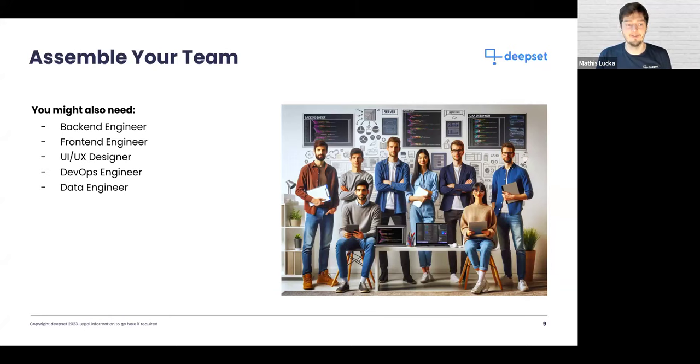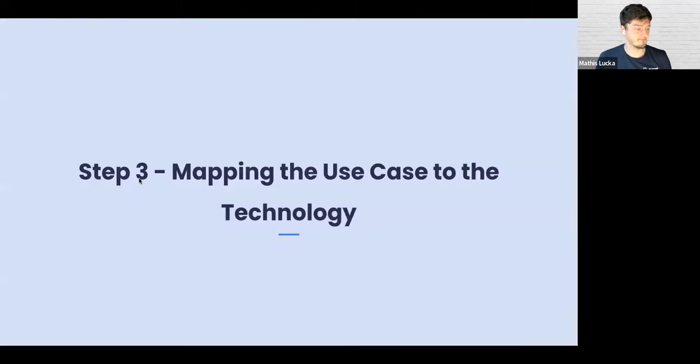We have the team in place and we have a great use case. So let's go and take step 3. Step 3 is mapping the use case to the technology. This is where you need to make a plan, basically. You need to decide what your system is going to do. What are the components that you need?